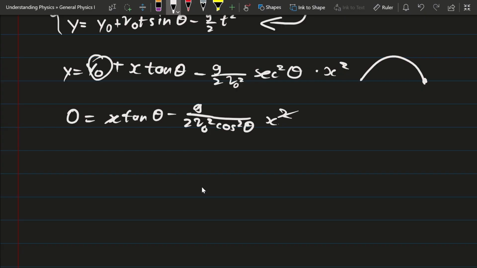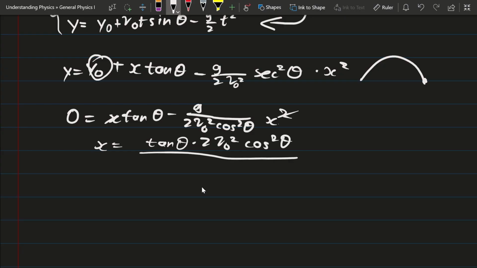After that, we could try to move things out. So we could write x equals tangent of theta, multiplied by 2v0 squared cosine squared of theta over g. This might seem to be a jump, but the way that I see this is that I would move this to the left hand side and then multiply each side by 2v0 squared cosine squared theta over g.